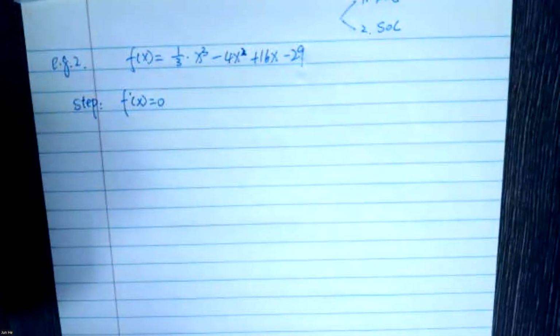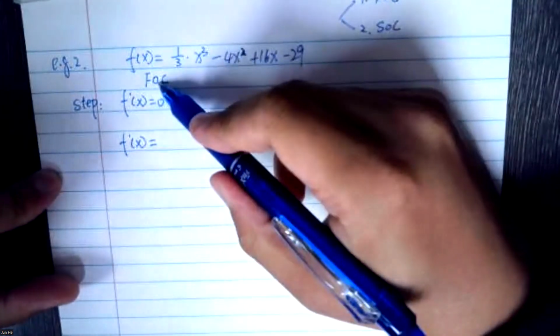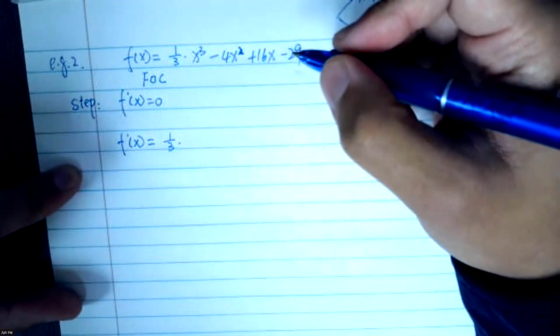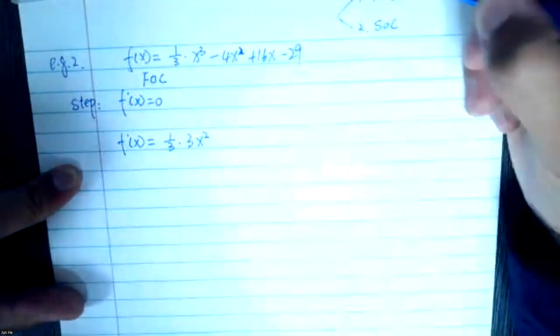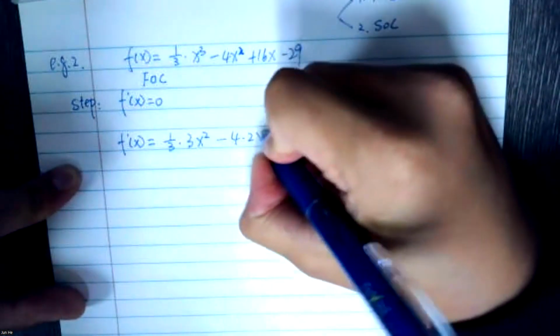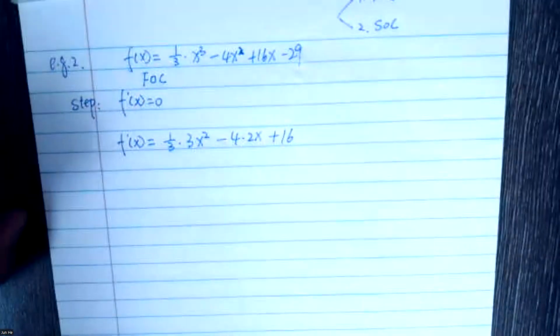First, step 1, we have to solve for the first order condition. So we need to first derive the first order derivative. That's what the first order is, right? The first order means the first order derivative, and that is 1/3 of 3 times x squared minus 4 times 2x plus 16.